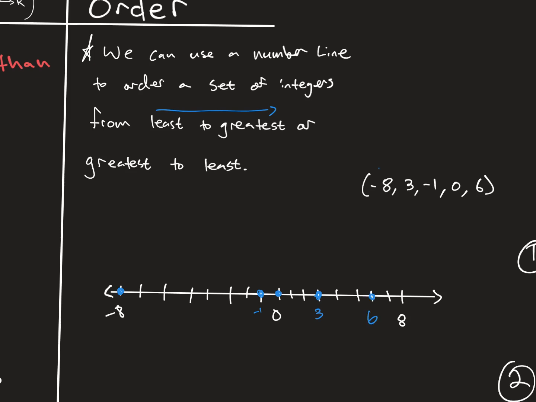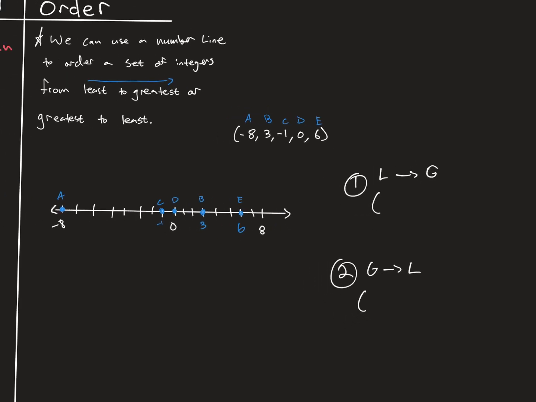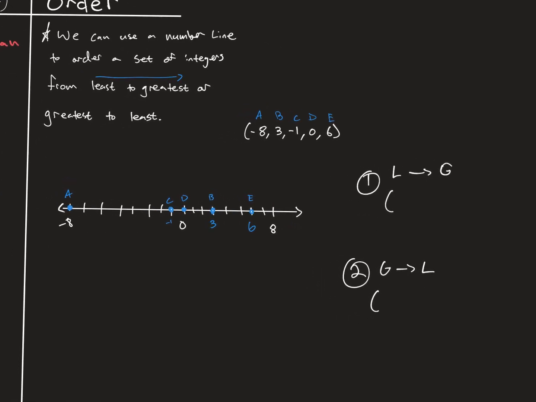So if I want to plot these with letters so I can make this a little bit quicker, A, and then that would be C, that would be D, 3 would be B, and 6 would be E. So now, for example, if they want us to go least to greatest, I'm just going to write it in the order that I see it here.